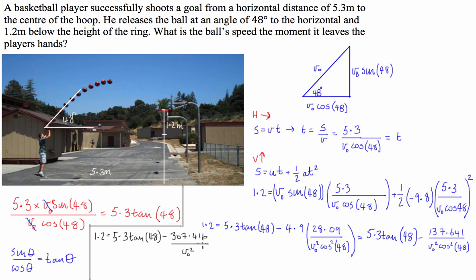So here, to get that 307.416, I divided 137.641 by cos squared of 48.